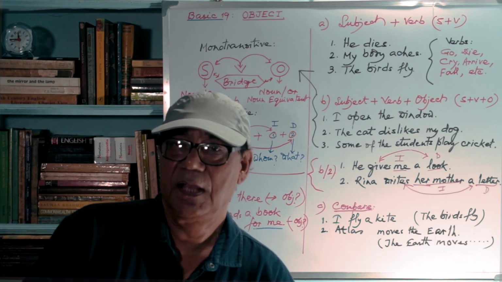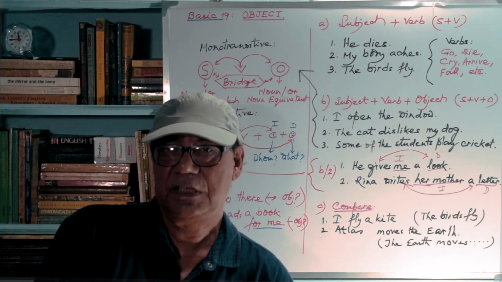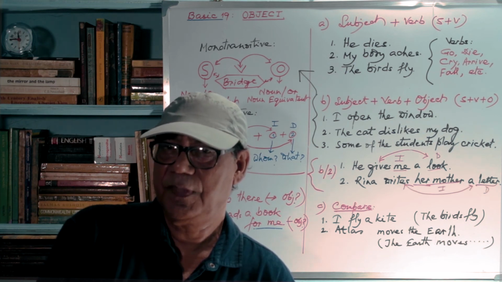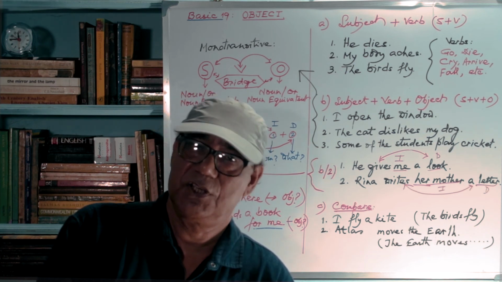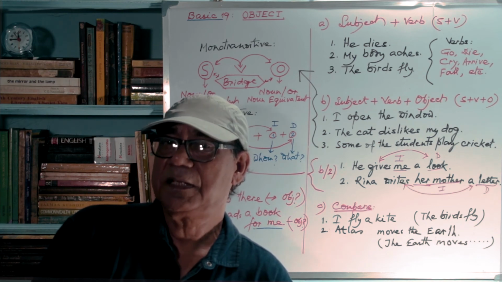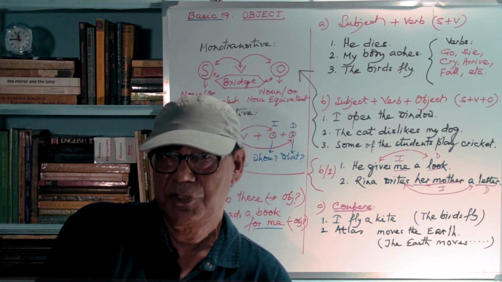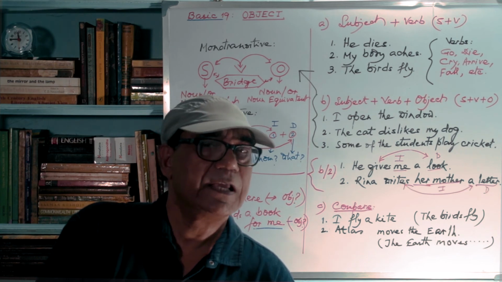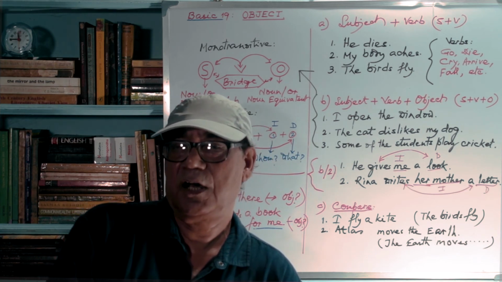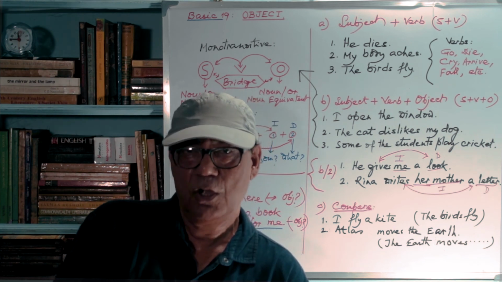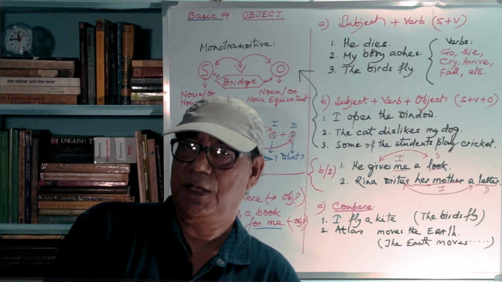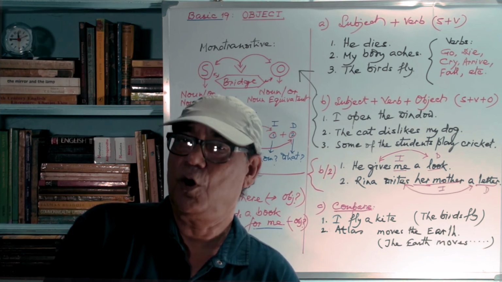Whenever an object is preceded by a verb, then it is an object of the verb. But if any object is preceded by a preposition, in that case that object belongs to the preposition. So verb can have an object and preposition also can have objects.